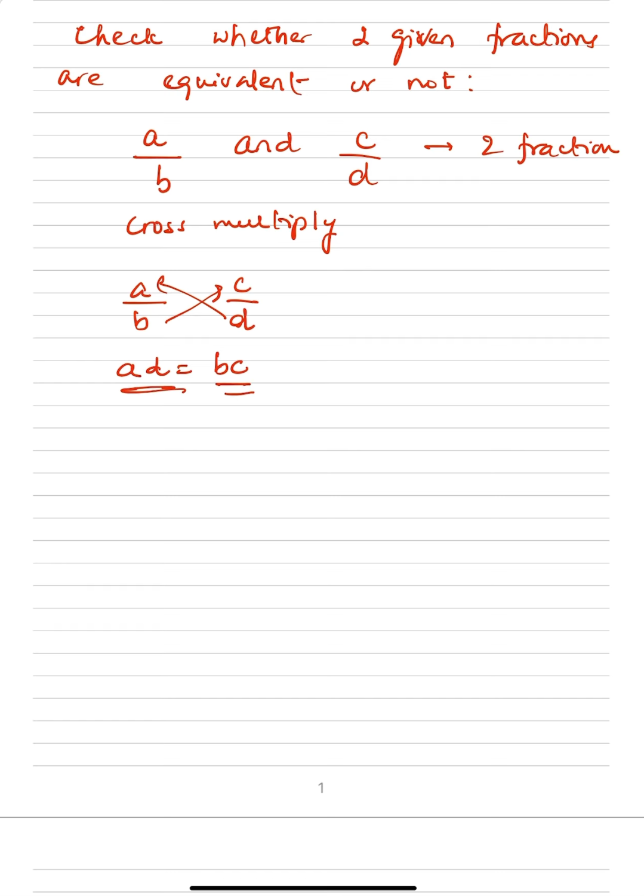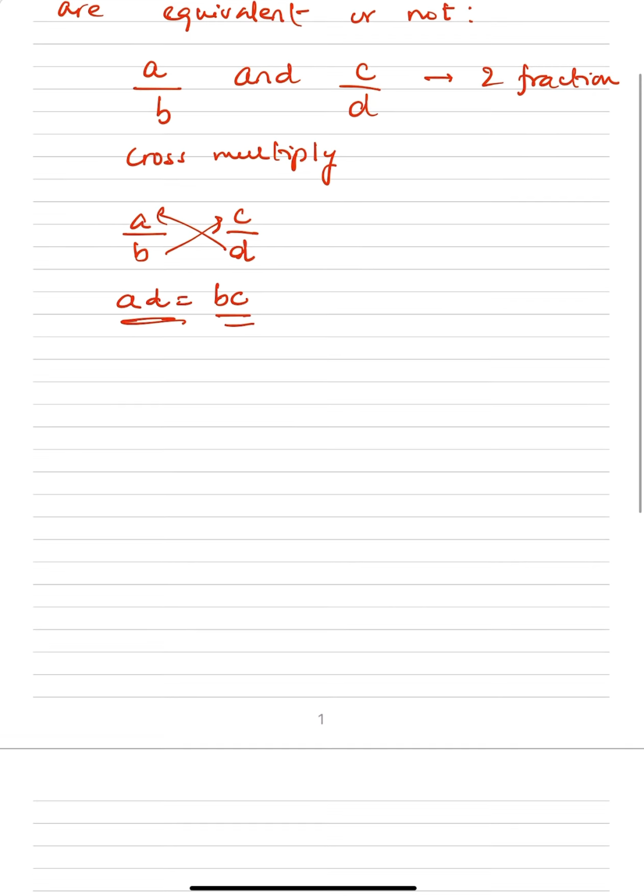What is the meaning of this? A is the numerator and B is the denominator, C is the numerator and D is the denominator. This is the first fraction, this is the second fraction.